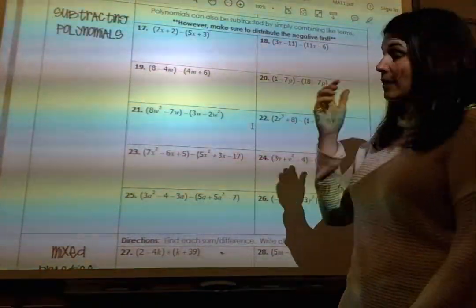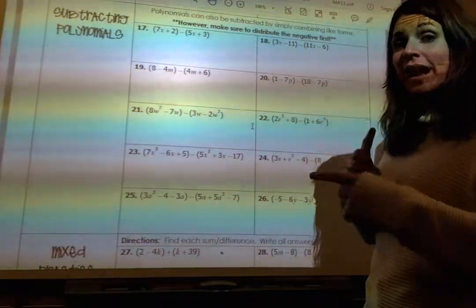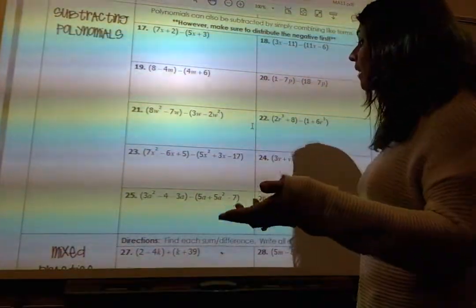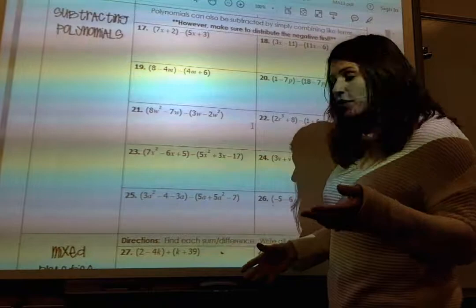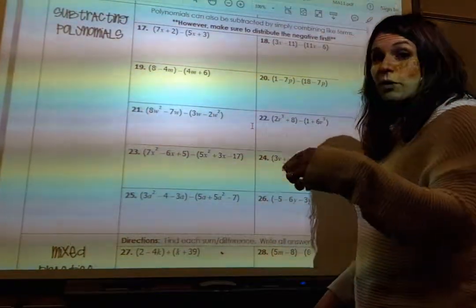All right, so when we subtract, subtracting a polynomial is different because now when we subtract a polynomial, you must use the distributive property, and this negative is going to affect our signs. So the first thing we want to do when we subtract is distribute, then combine.